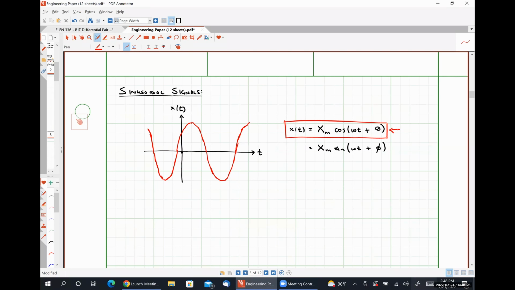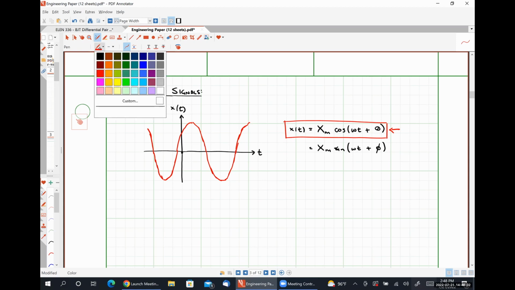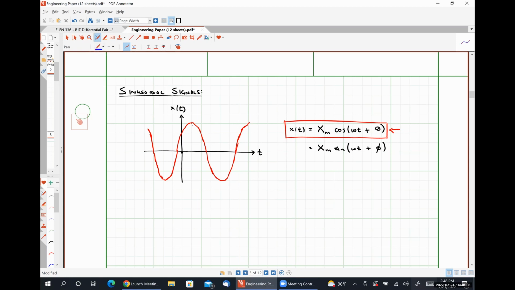Let's start with x sub m. What x sub m represents is the distance from the horizontal axis to the peak value of the sinusoid. It does not matter if it's a positive peak value or a negative peak value; x sub m should be exactly the same.